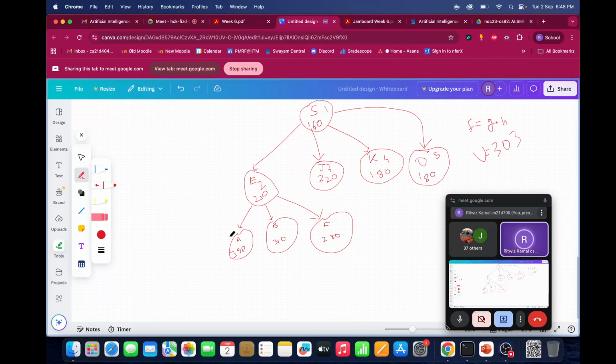So these will not be added to our open list, so we can simply remove these. The only child of E will be F. And then in order of expansion, after we have expanded E we would expand J, K, O, and then we will go to the next level.